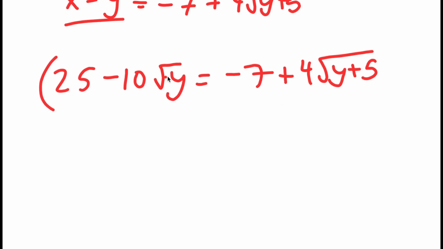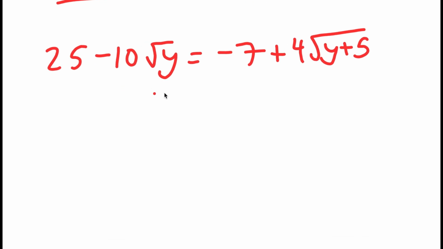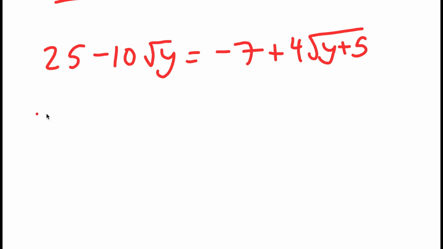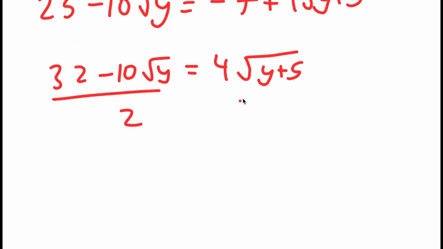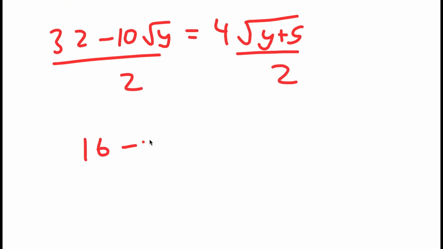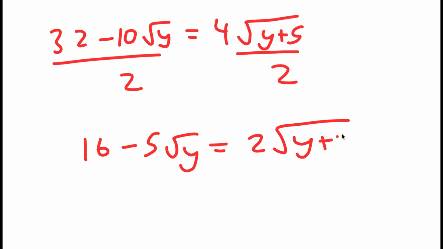Before squaring both sides, what I can do is add 7 on both sides, so I get 32 minus 10 root y is equal to 4 root y plus 5. And now if I divide both sides by 2, I get 16 minus 5 root y is equal to 2 times the square root of y plus 5.